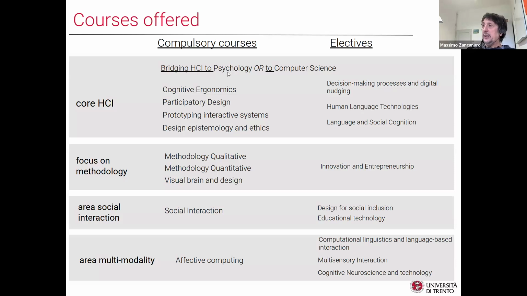In these courses, the idea is that you acquire the basics of either psychology or computer science. Of course, we don't ask you to take the entire bachelor in computer science if you come from psychology and vice versa. But because of the perspective of our master, you should gain a little bit of understanding of the other disciplines.